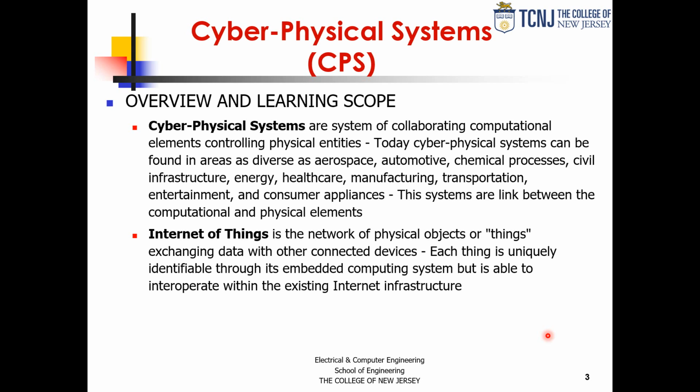That's what makes sense. So we'll be able to identify each unique object on the network, even if it's not a communicating entity. If you are a communicating entity, clearly you can be identified because you are on the network.